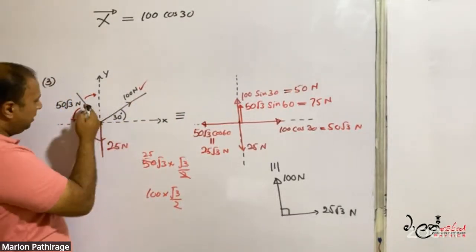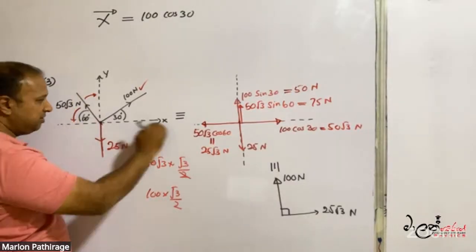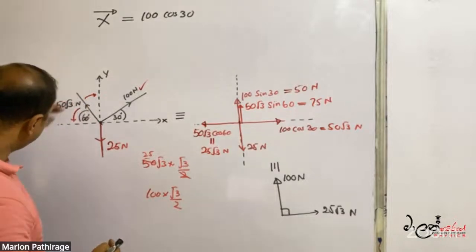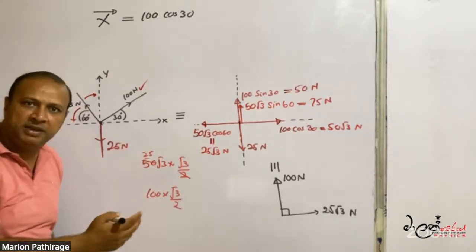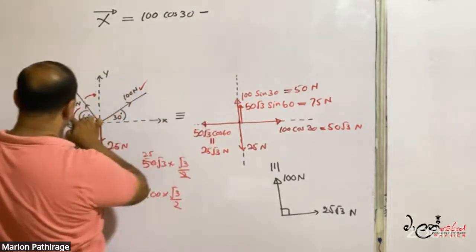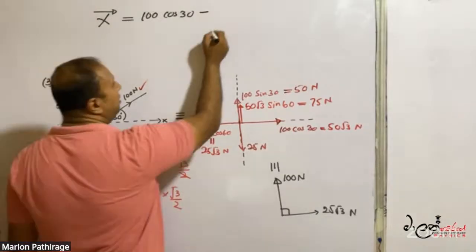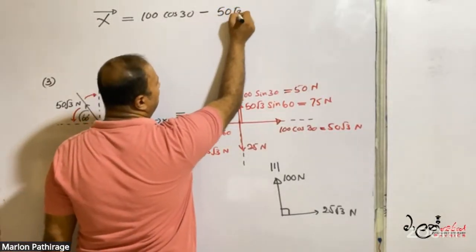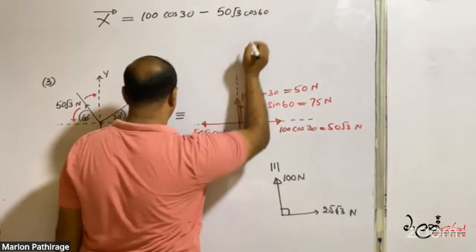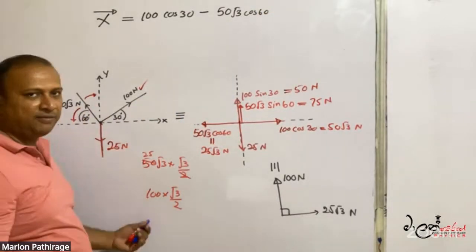Then, what is the resolved component of 50 root 3 Newton into the x direction? It is the other way, so it will be negative: minus 50 root 3 cos 60. The 25 root 3 force, cos 90, will be 0, therefore non-interactive.